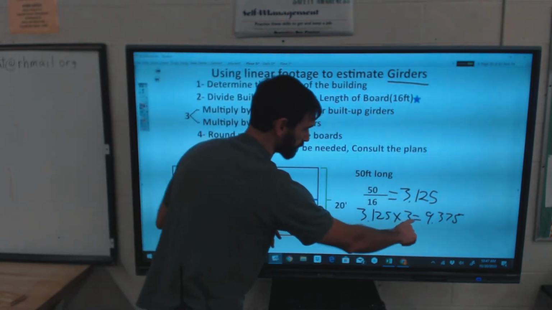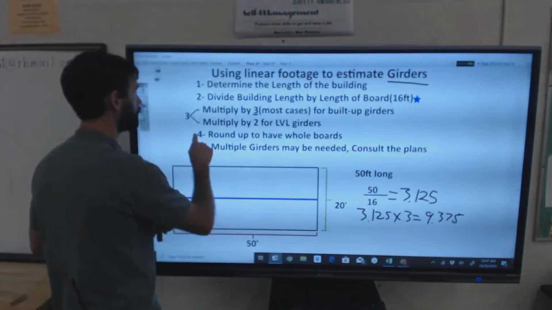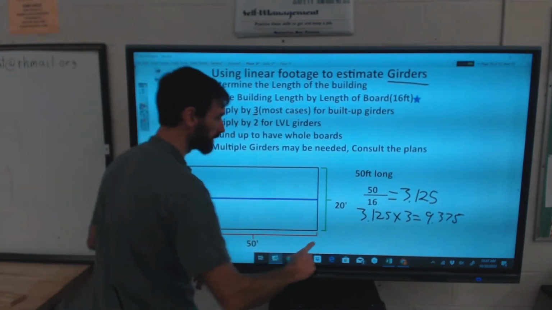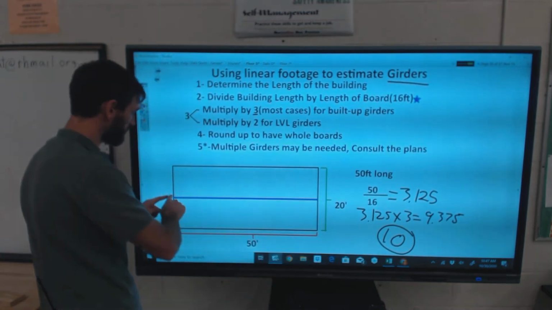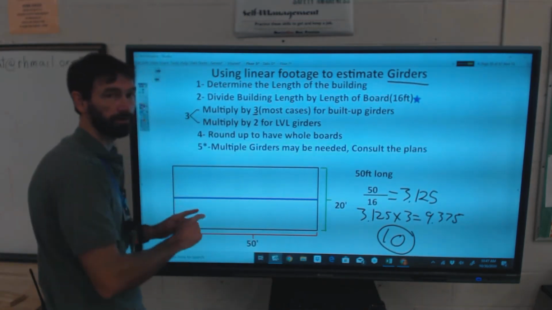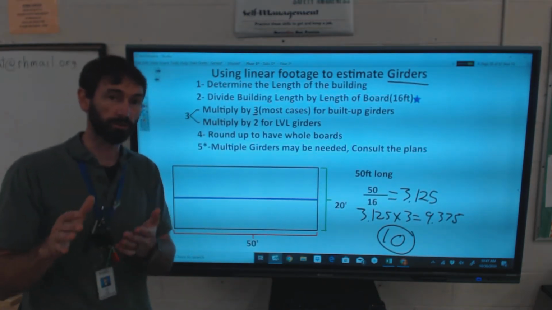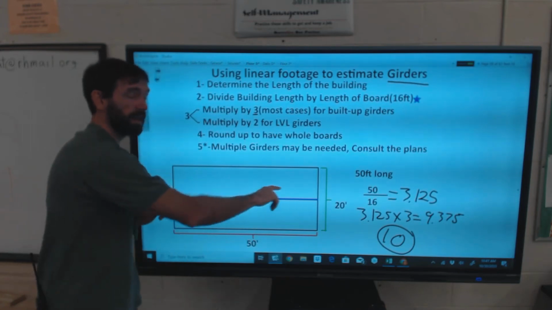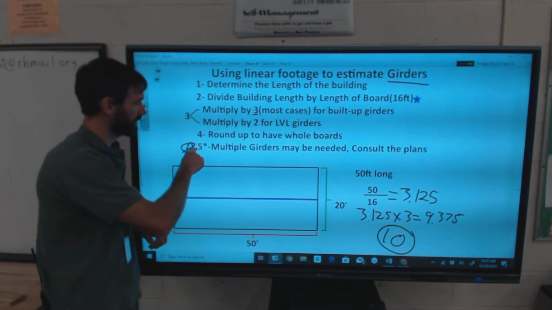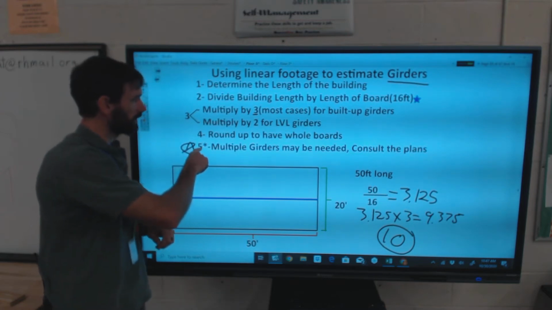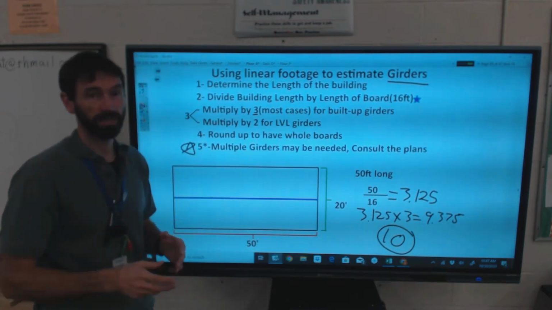So I multiplied by 3 to get 9.375, and round up to have whole boards. So we would need 10 16-foot boards for this one girder. Now, consulting your plans, you're not always going to have one girder. Where it says a little asterisk, multiple girders may be needed.